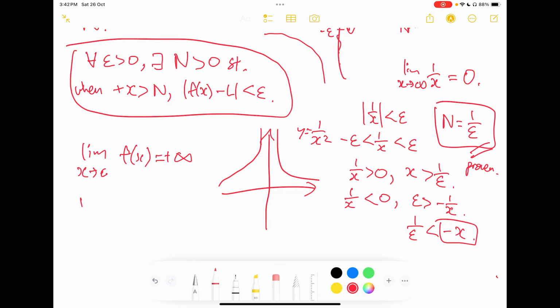In this case, we can kind of use the opposite of this. We can say that for all n greater than 0, there exists a delta greater than 0 such that when x minus c is within the range of delta, f(x) is greater than n.